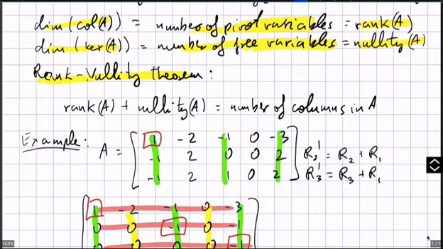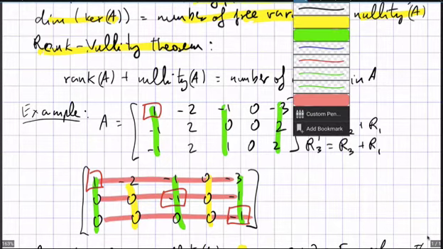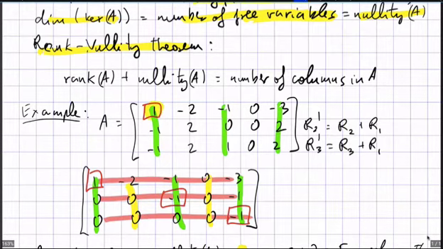Here is one more example. We have matrix A with 5 columns and 3 rows. We have a pivot in the 1, 1 entry. We make the numbers under it 0 by saying that the new row 2 is row 2 plus row 1, the new row 3 is row 3 plus row 1.